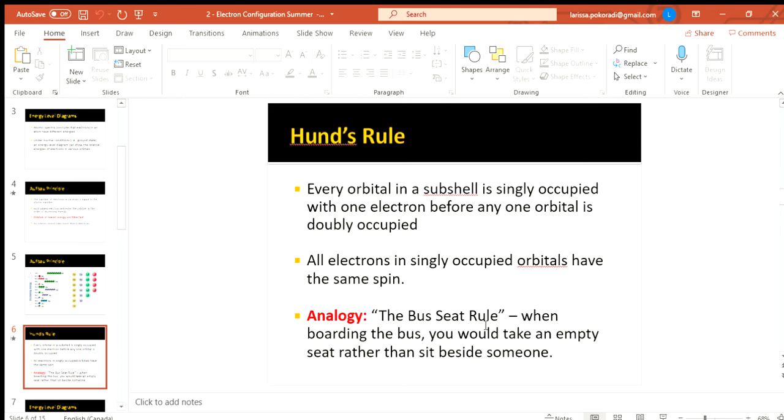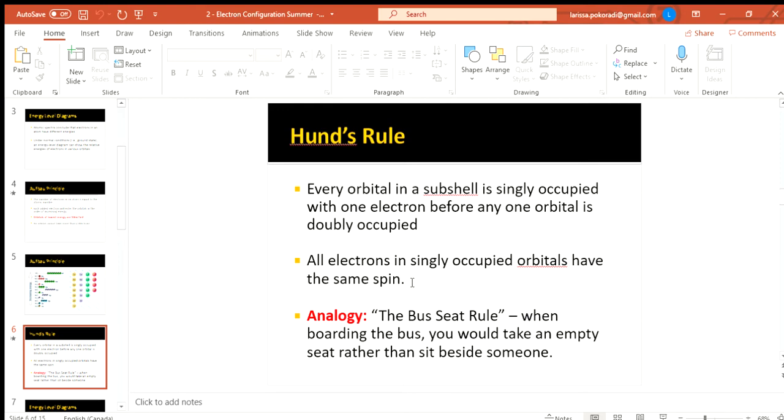So if we were to have 3 different p orbitals in the exact same n, so they're all 2p's, each one of those orientations is going to get 1 electron before doubling up has to happen with the 4th electron. They would also all be in the same spin direction.